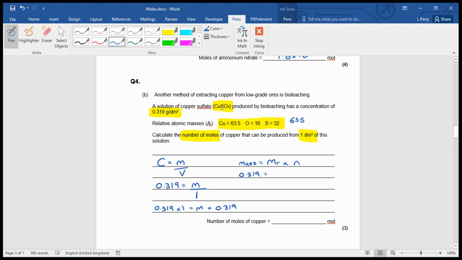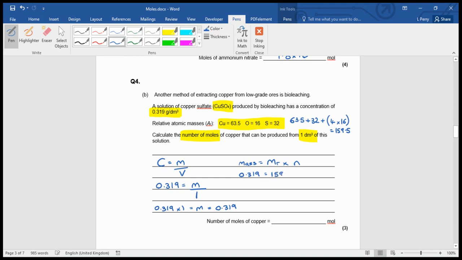I've got 1 sulfur, which is 32. And I've got 4 oxygens, so I need 4 lots of 16. And that's going to get me my relative formula mass, which if I work all that out on my calculator is 159.5.